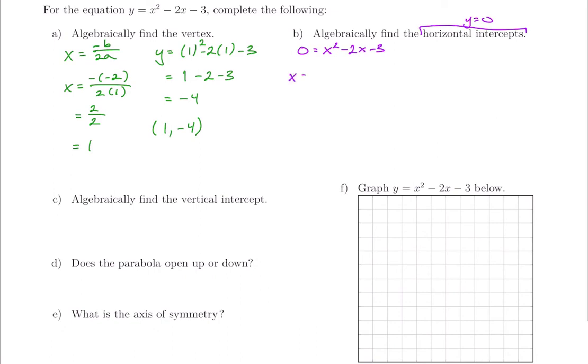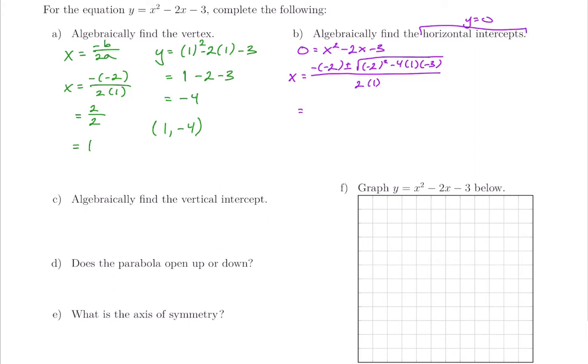Putting that to use with our particular equation, we end up with x equals the opposite of negative 2 plus or minus the square root of the quantity negative 2 squared minus 4 times 1 times negative 3, all of that over 2 times 1.